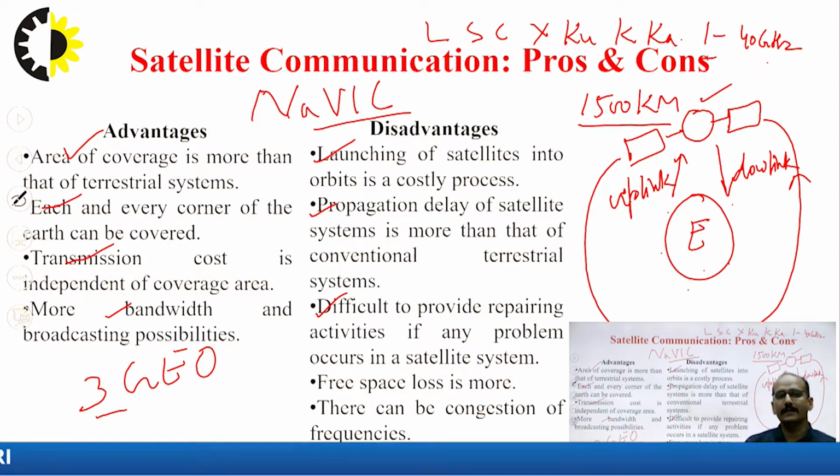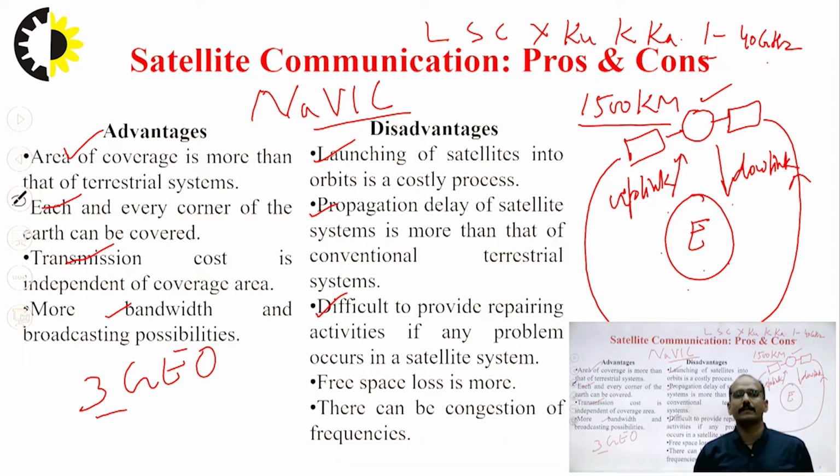In that system only 6 satellites are used for the communication purpose, and the remaining 2 satellites act as standby satellites, so that in any case you are facing any problem or any type of technical error in a particular satellite, the standby satellite can take over the charge of that satellite. So it means you always require some kind of backup plan in the case of specific kinds of errors.